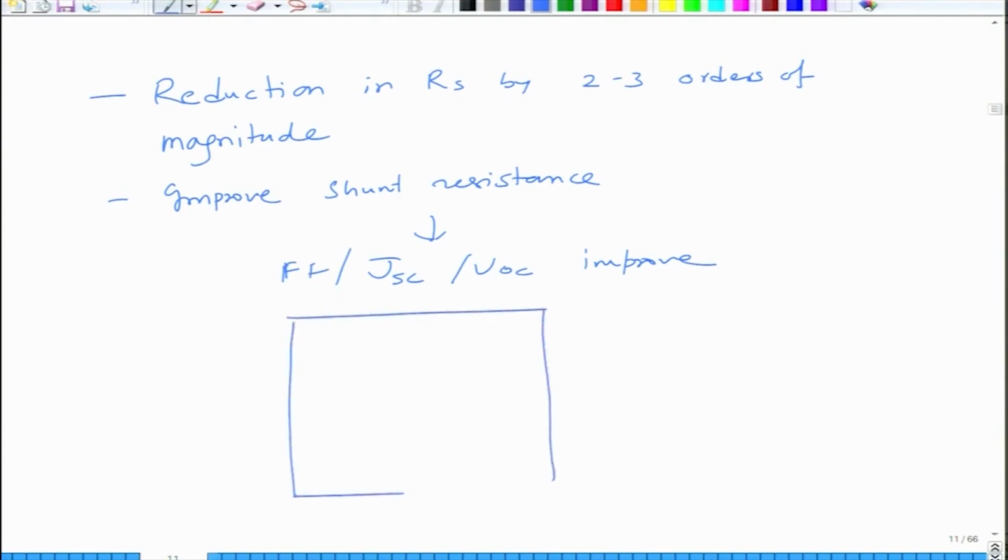So, if you just qualitatively want to look at the effect of this treatment, let us say you plot the plot of J versus V. So, if this is 0, this is, let us say, 5, 10, 15, 20, 25.